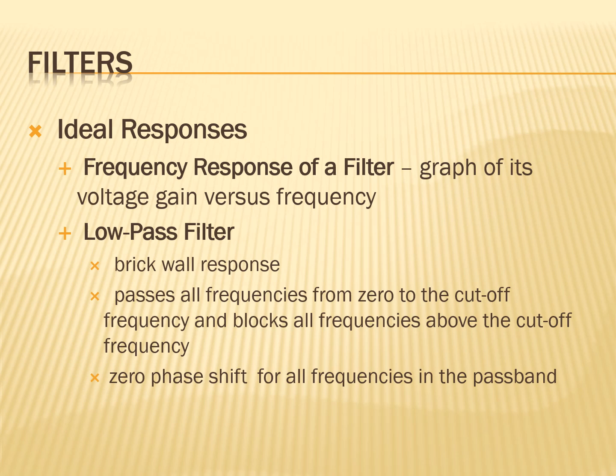So how does a low pass filter function? It passes all frequencies from 0 to a certain cutoff frequency, and then it blocks all frequencies above that cutoff frequency. It has a zero phase shift for all frequencies as long as they are in the pass band.